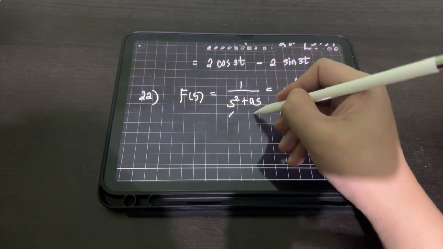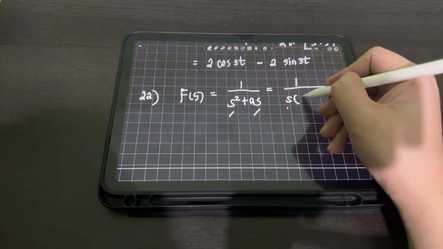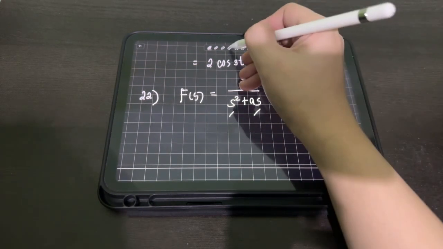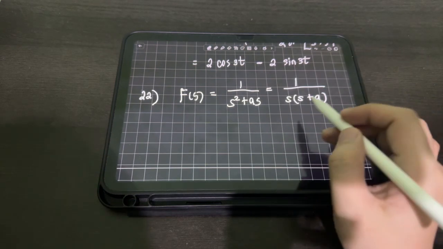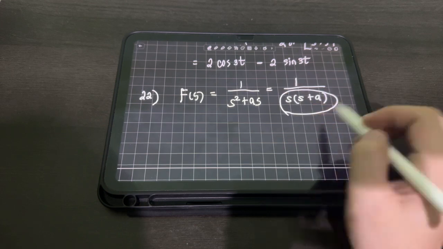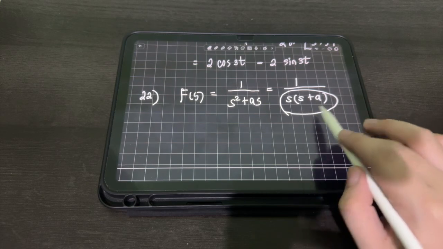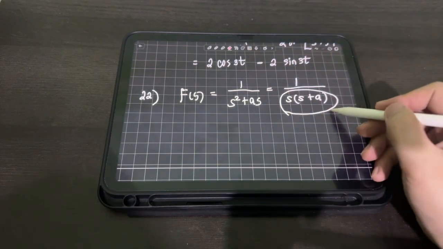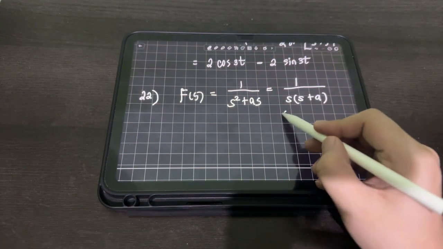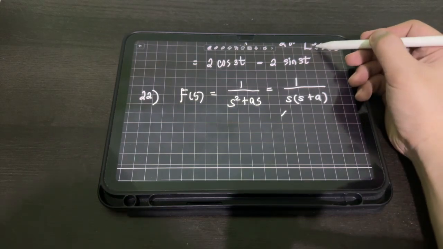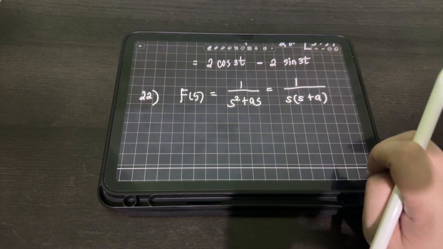But we can factor out the denominator. The common monomial factor of s squared and as is s, right? So you will have s times quantity s plus a as the factored form, applying common monomial factoring. So once you already have at least two factors in the denominator, both linear factors, s and s plus a, that's the time that we can apply partial fraction decomposition.